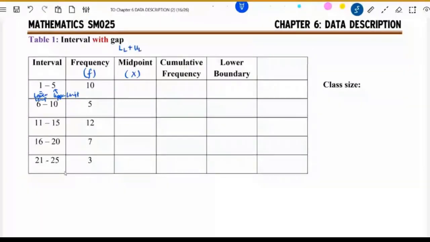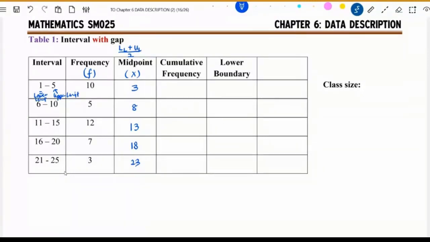So we're going to have 1 plus 5 divided by 2, we're going to have 3. 6 plus 10 over 2, we're going to have 8. 11 plus 15 divided by 2, we're going to have 13. 16 plus 20 divided by 2, dapat berapa? 18. 18, good. And then the last one, we're going to have 23, by adding up 21 and 25 divided by 2.